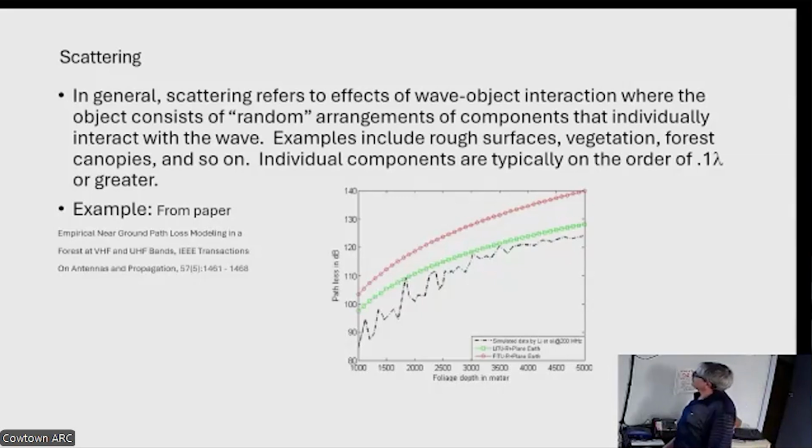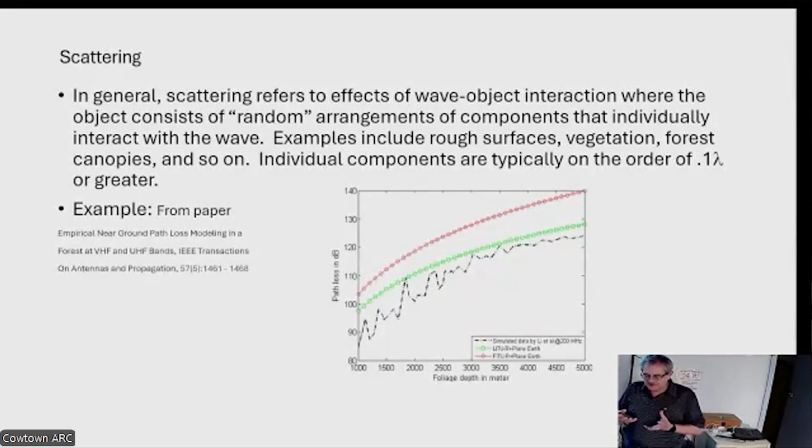Okay, and so there's this broad body of stuff called scattering, and this applies to so many different things. In general, unlike reflection, where we think of a specular thing happening on a particular surface, scattering is kind of what it says.